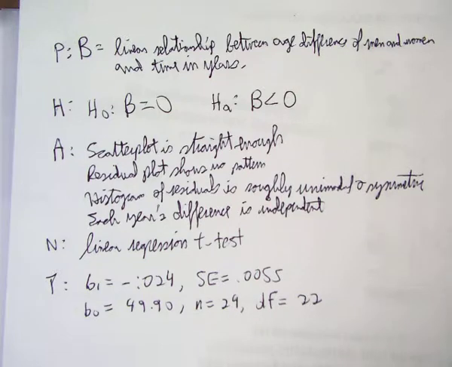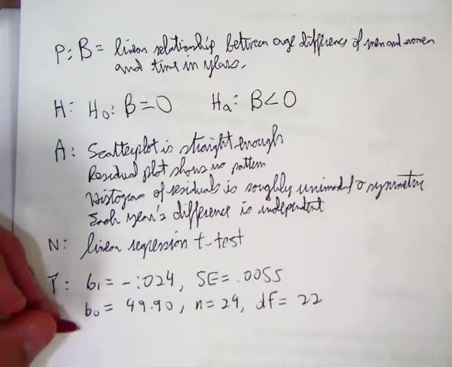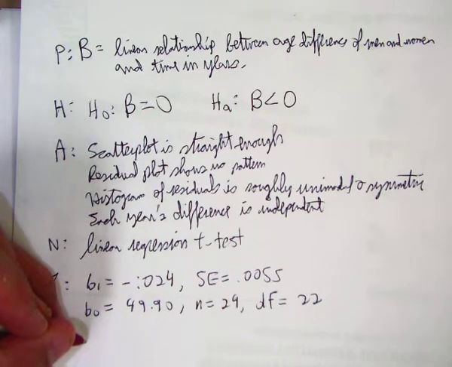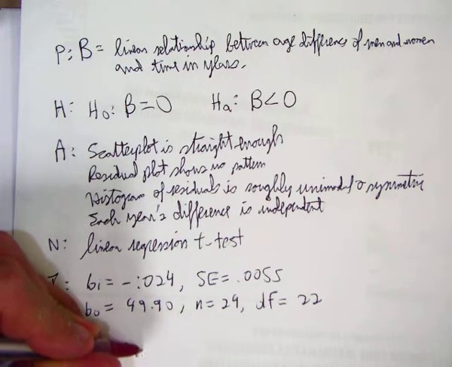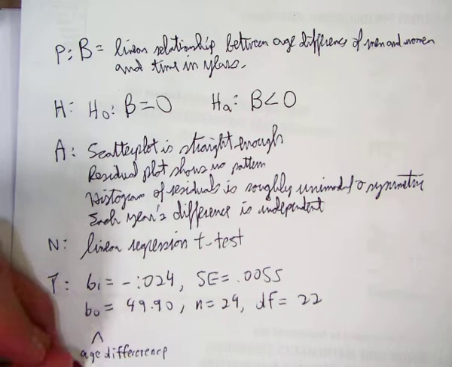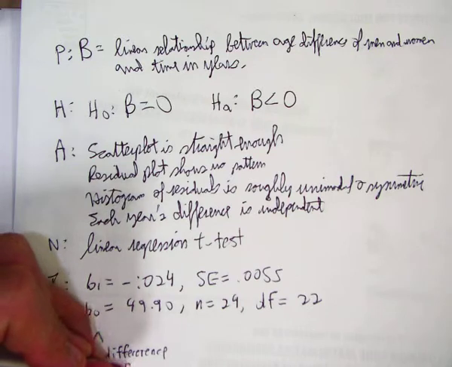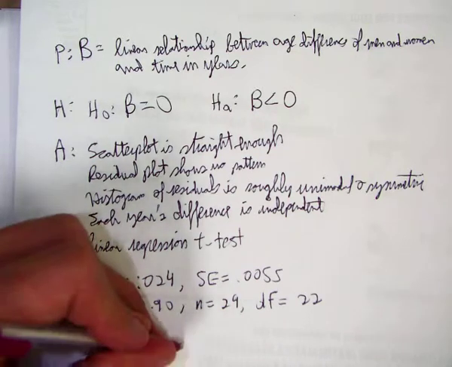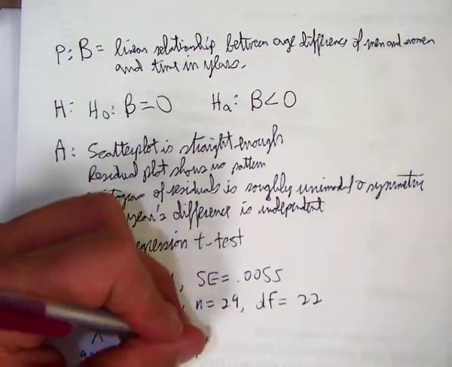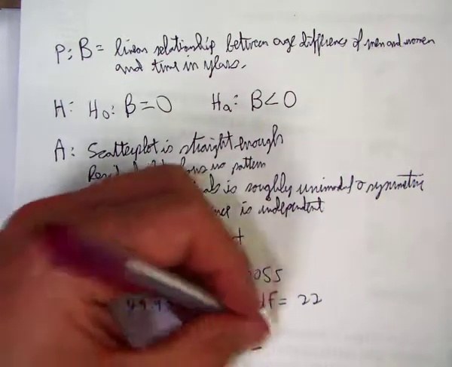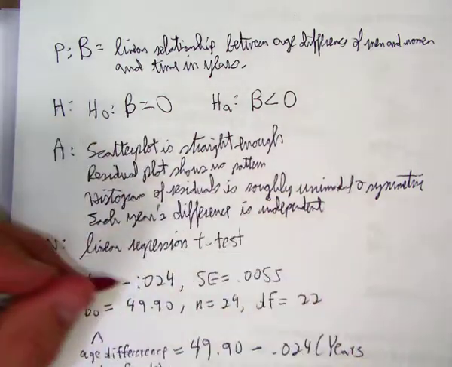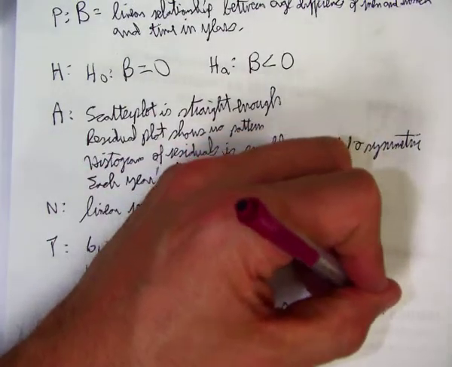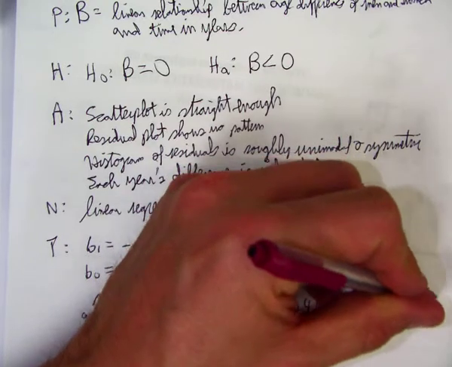So how would we write this line? We would write that the predicted age difference, male minus female, equals 49.90 minus 0.024 times years since 1975.